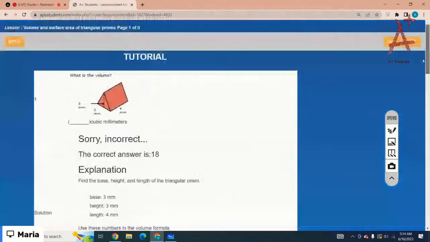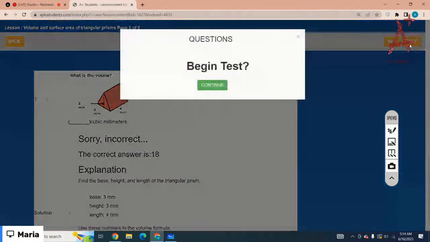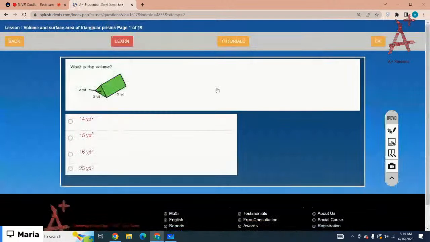Okay, let's start with the practice questions. You are given the base is 3, the height is 2, and the length is 5.